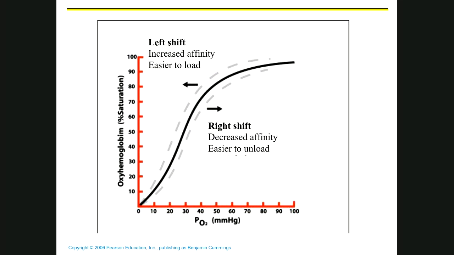If we move the curve to the left, affinity goes up. And if affinity goes up, it's easier to load. If we move the curve to the right, affinity goes down. And if we move it to the right and affinity goes down, it makes it easier to unload. Is everybody understanding this?